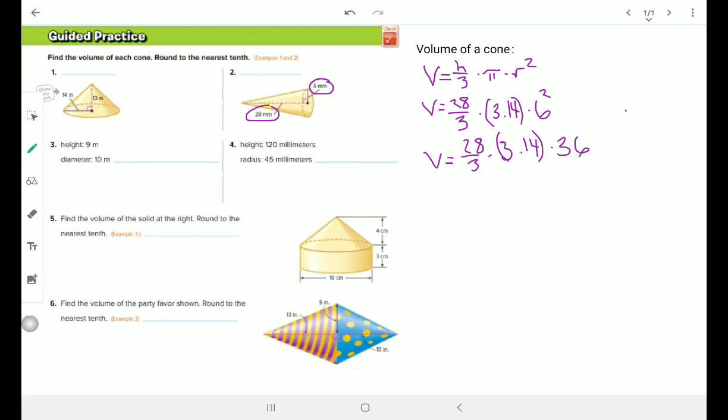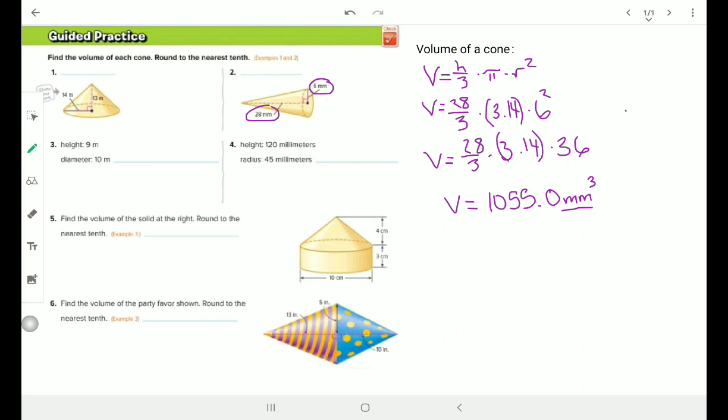If I multiply this all out using 3.14, you will get that the volume is equal to 1,055. And if you round to the nearest tenth, you're going to get a 0 here. Millimeters cubed. Remember, units must be labeled, and you must have a cube there to signify that it is volume.